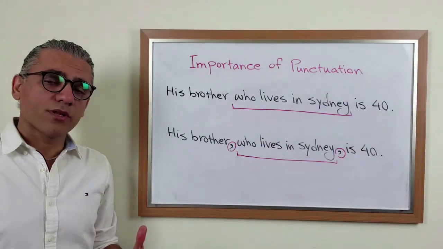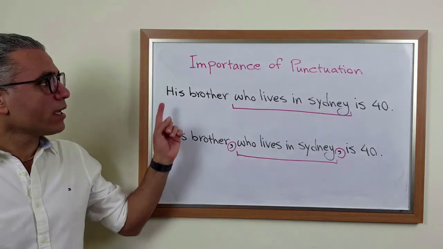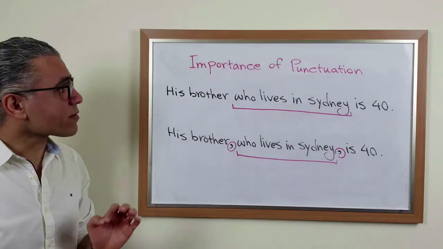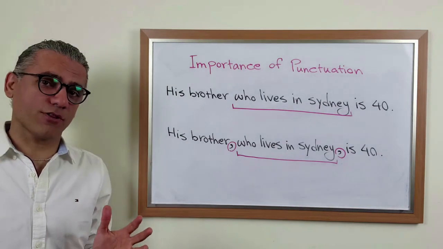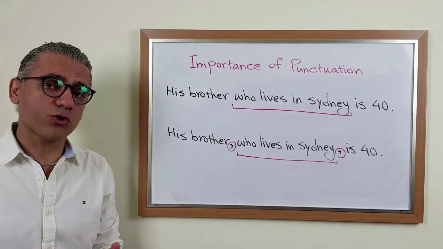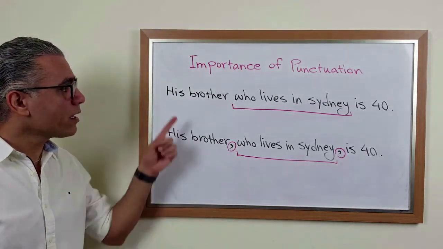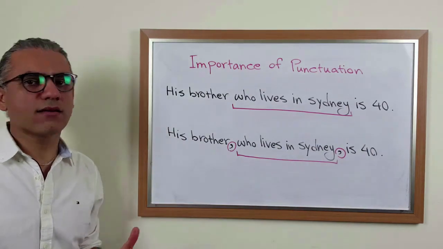And the last example, before we get to the exercises, is a very interesting one. This is about the importance of punctuation when you want to determine the difference between a defining relative clause and a non-defining relative clause. Look at these two identical sentences.